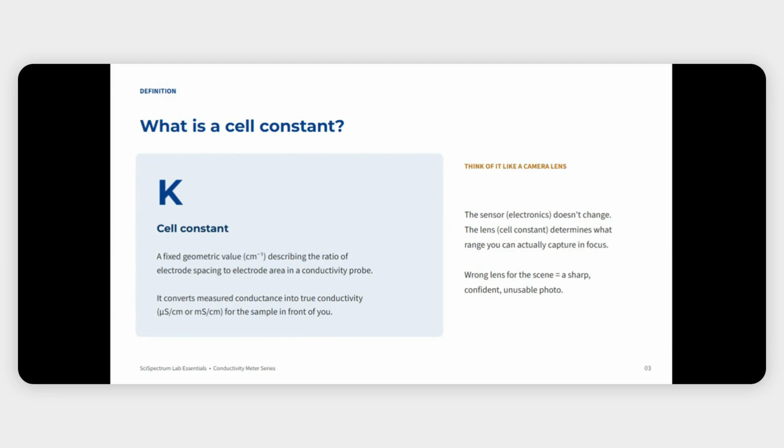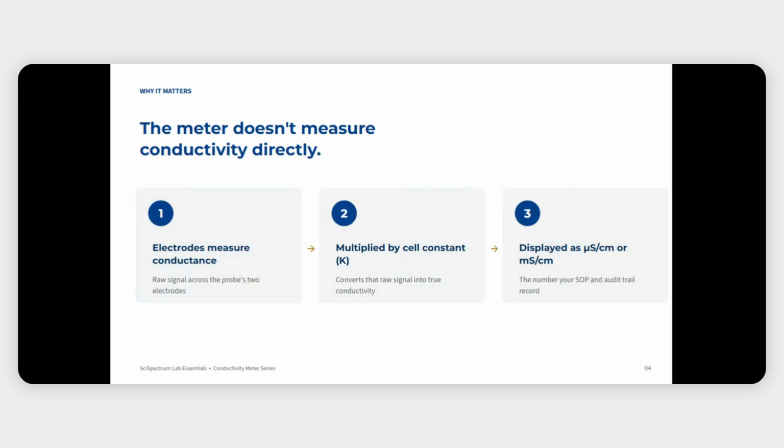It measures conductance, the raw electrical signal, and then multiplies that by K to give you true conductivity in microsiemens or millisiemens per centimeter. Think of it like a camera lens. The sensor doesn't change, but the lens determines what range you can actually bring into focus. Wrong lens for the scene, and you get a sharp, confident, and completely unusable photo.